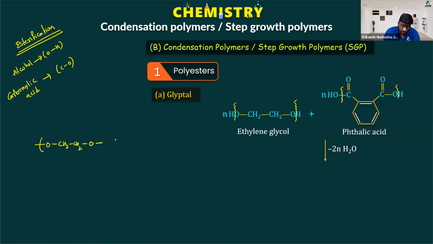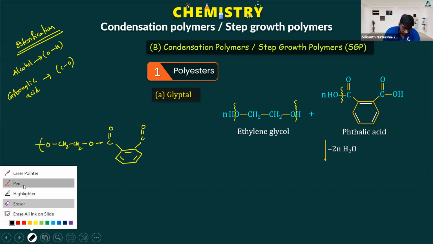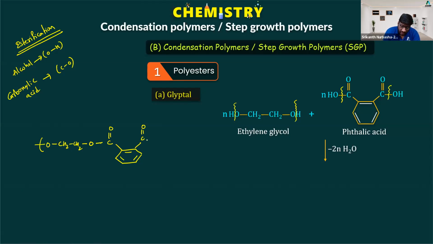This is connected with the carbon of phthalic acid, C double bond O. This CO bond has been cleaved, and this is connected to the phenyl ring, and here you have again C double bond O. Again, in the other acid group, the CO bond is cleaved, right? Not the OH bond. So with that, the repetition is going to happen, and this is going to be repeated n times. That is how we have to write it.